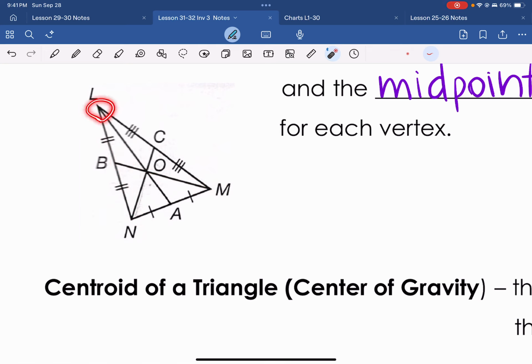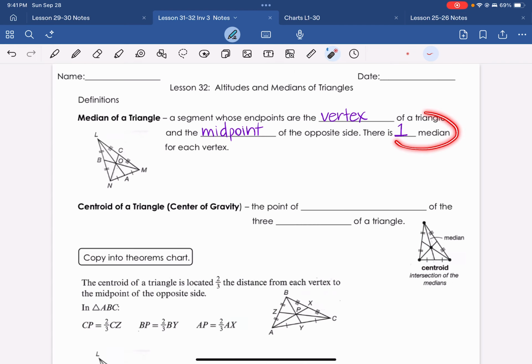From the vertex of L to the midpoint of NM. So those are called medians of the triangle. Okay, now this is what it meant. So there's one median for each vertex, which means there's 3 medians total in a triangle.